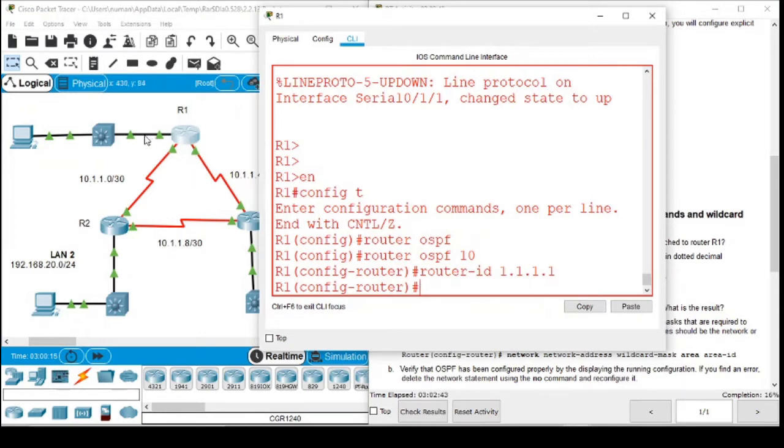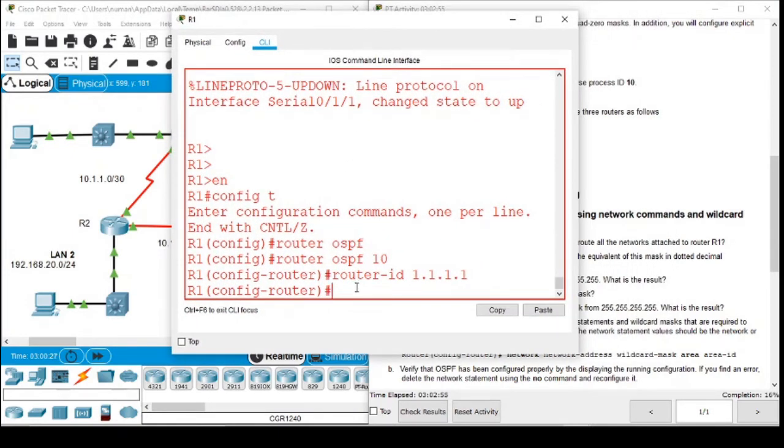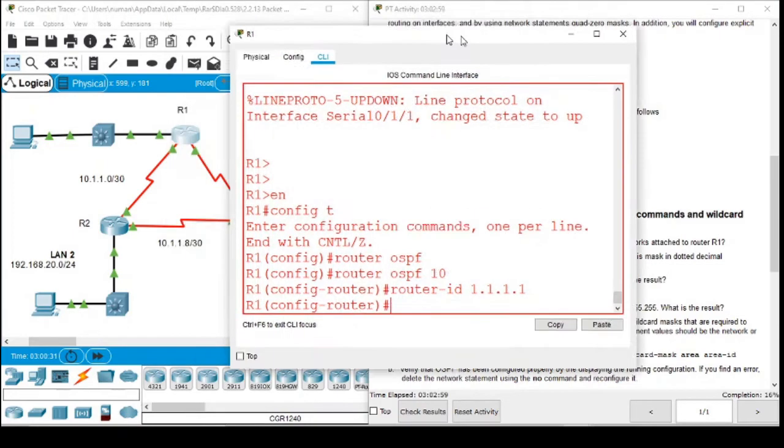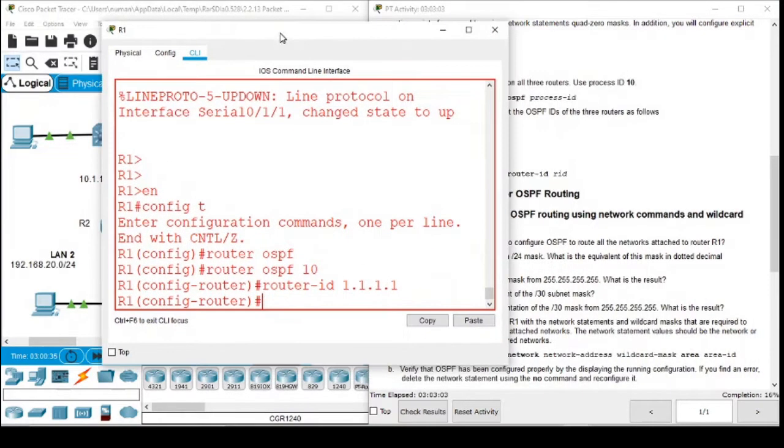In my case it has three interfaces, which means this router has three different networks. If you have three interfaces, you use the network command three times. If you have a router with two interfaces, you use the network command two times. In our case we have three interfaces, so we use the network command three times.